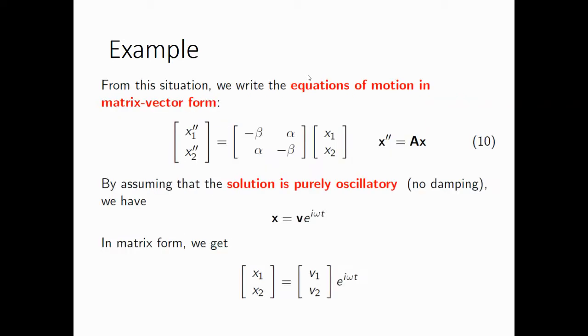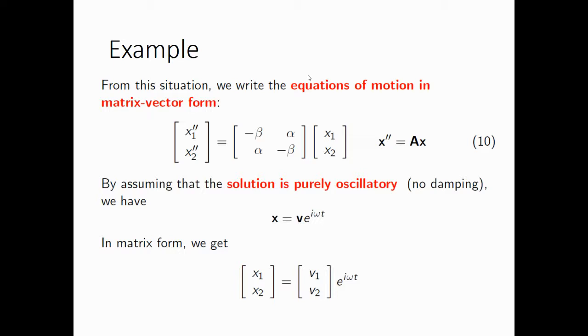Now, what we can do is write the equations of motion in matrix vector form. And you'll notice here that we have a second-order differential equation. By assuming that the solution is purely oscillatory, that's no damping, which means there's no decrease in the amplitude of the oscillation as a result of energy being drained from the system to overcome friction or other resistant forces.